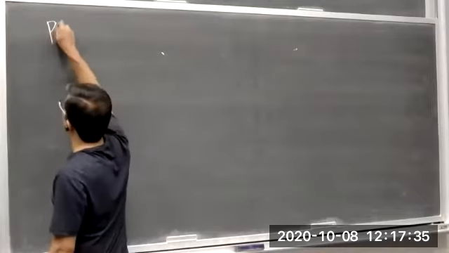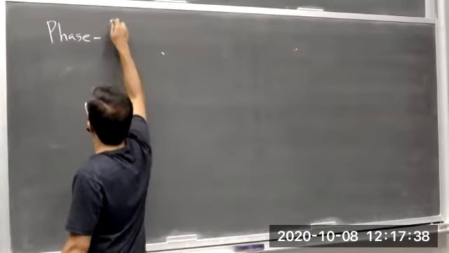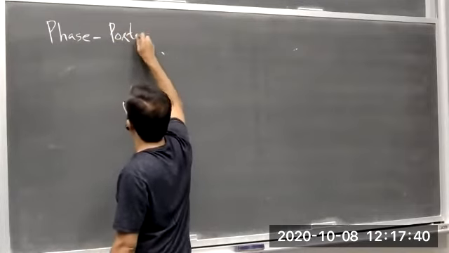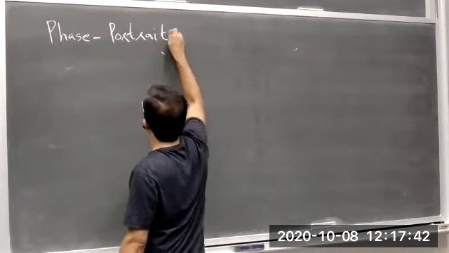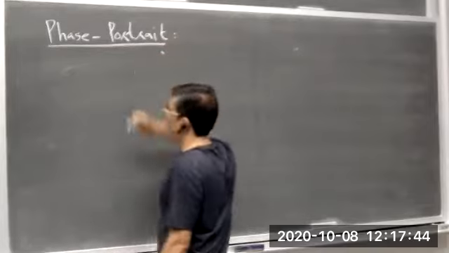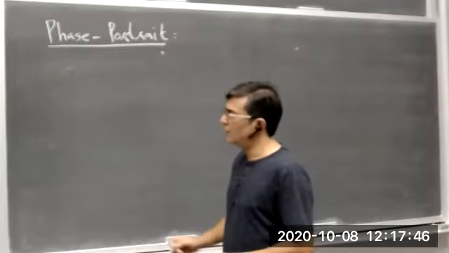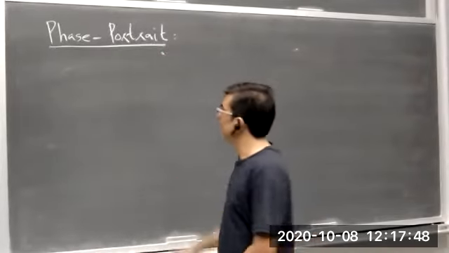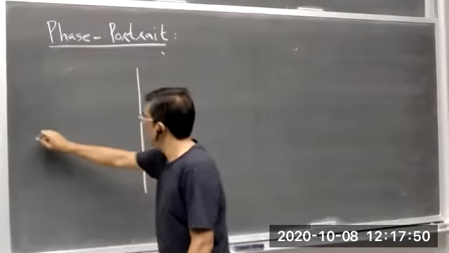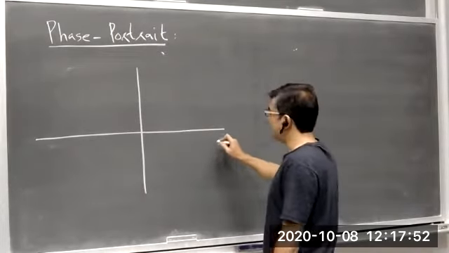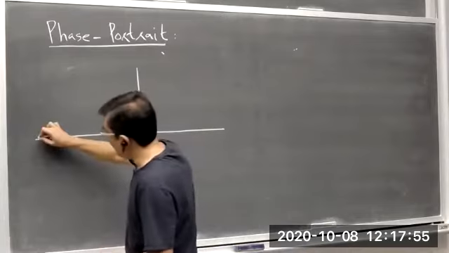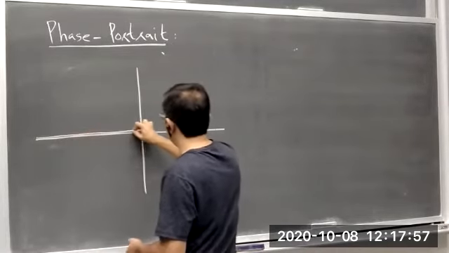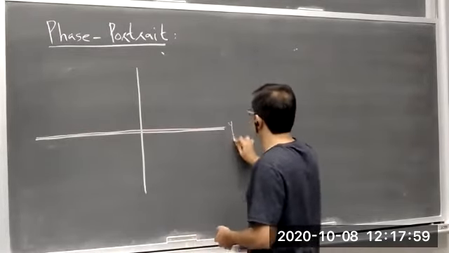What is the phase portrait? Now we are going to draw the phase portrait of that particular example. Now, in an XY plane, we have three regions. One is y is equal to 0.